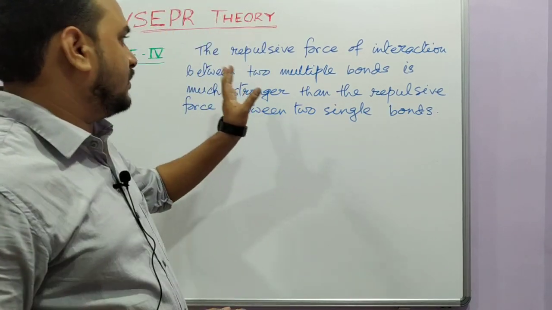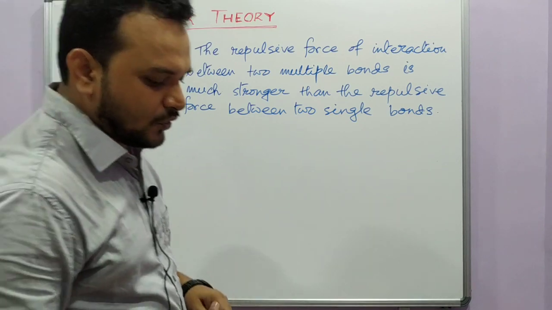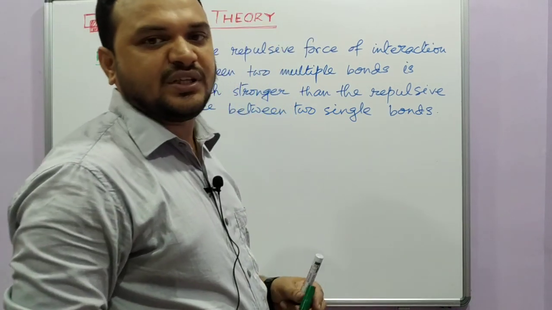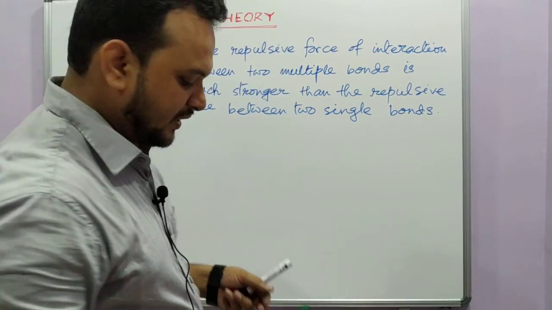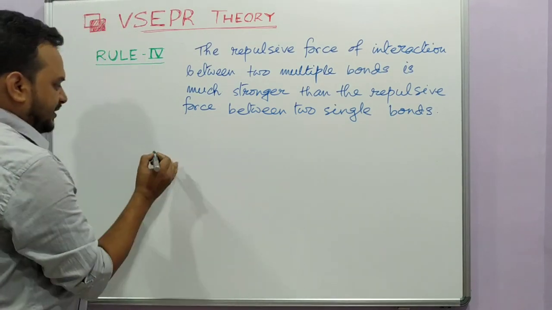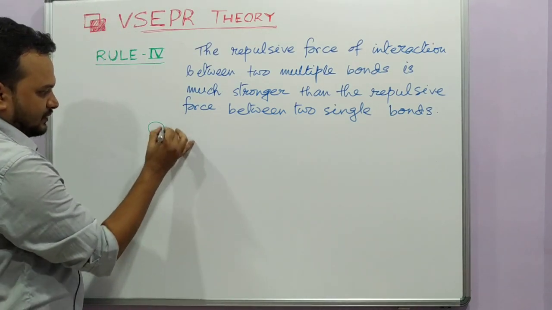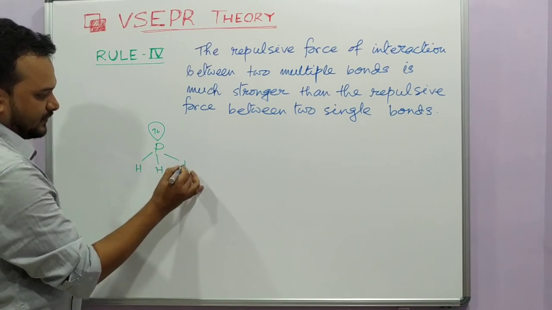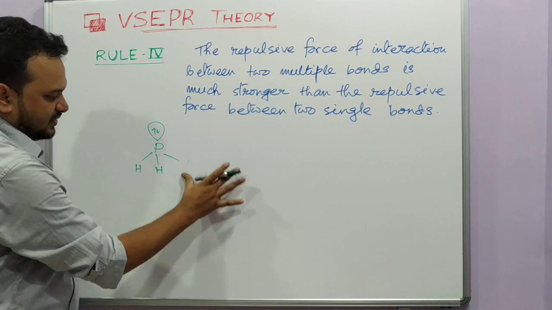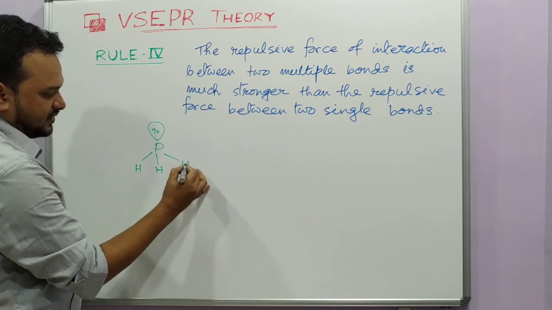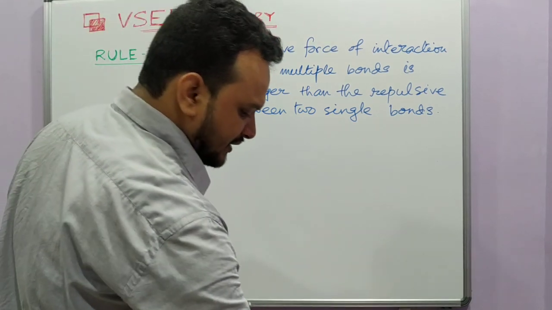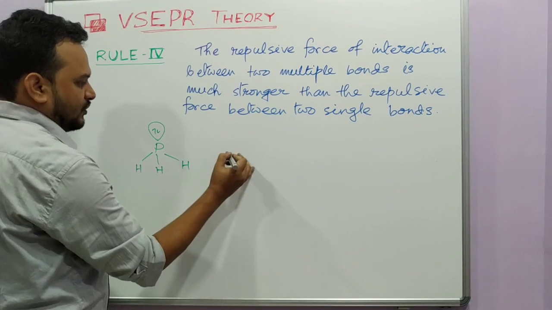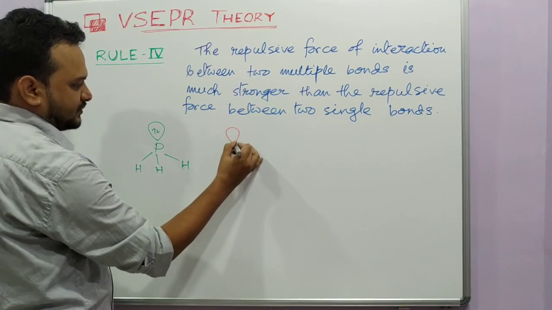Now these things will be revealed in the experimental result when we compare PH3 and PF3. Okay, phosphine, PH3 and PF3. So initially from the structure it may look like in both PH3 and PF3 all are single bonds.